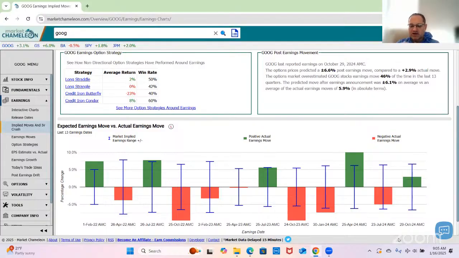Where does the implied volatility tend to close after the earnings? So we have implied volatility right before earnings, and then what does it do the next day? Because the event is out, earnings are released, there's trading. Where does the implied volatility tend to fall to?